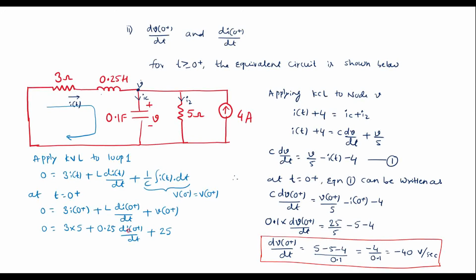So solving for di of 0+ by dt, we get minus 15 minus 25 divided by 0.25, which gives minus 160 amperes per second. Thus we found the first derivative of current, that is di of 0+ by dt.